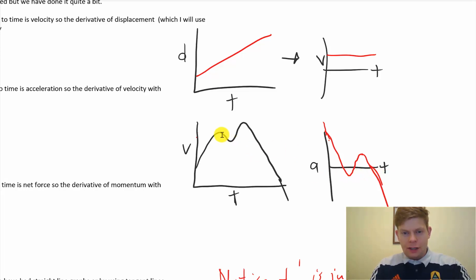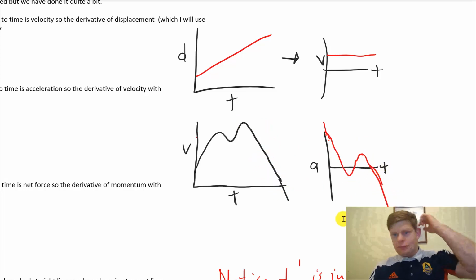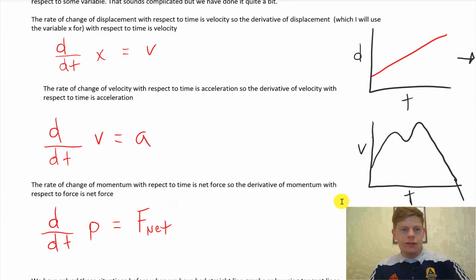And then it goes back through zero, and then it's getting more and more positive until at some point here it stops getting a more and more positive slope and starts becoming more and more negative. That corresponds to this point, and then it just keeps getting more and more negative. Crosses zero at this point, and then keeps getting more and more negative. But we're going to be able to do that with math, and it'll be much easier.